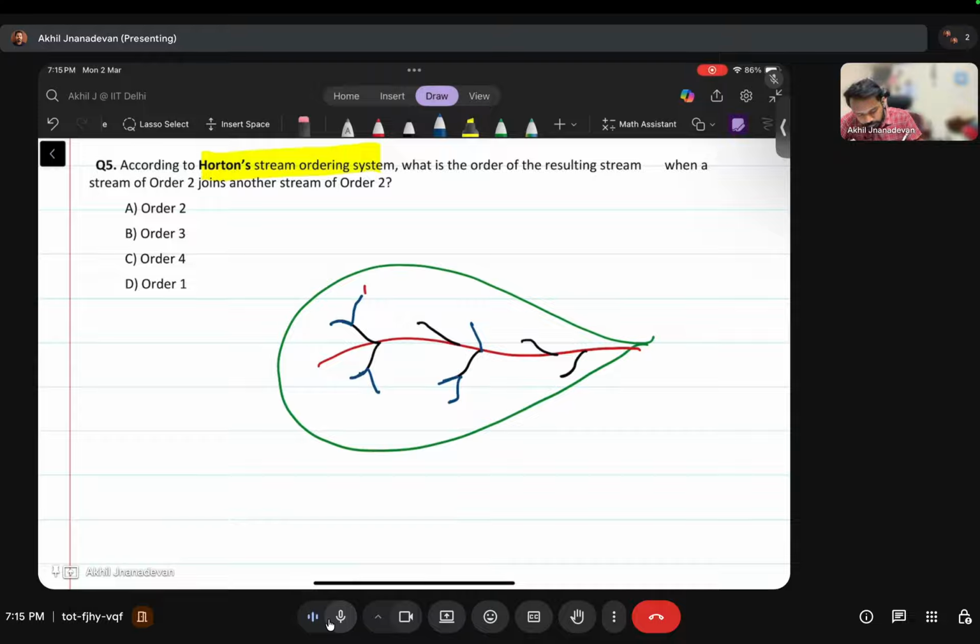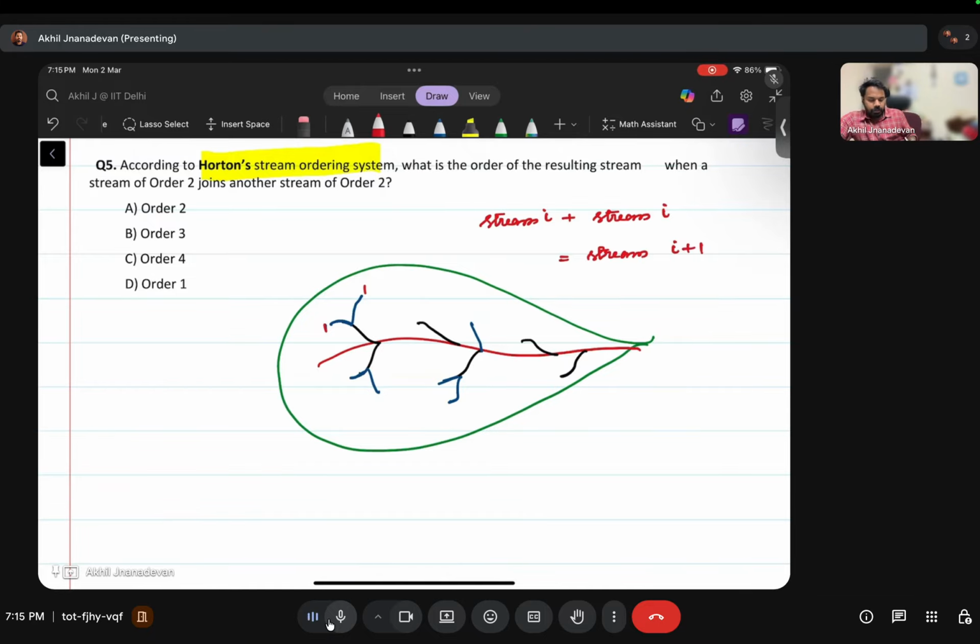The rule is that two streams of order I combine to form a stream of order I plus 1. A stream I combines with a stream I to form a stream of order I plus 1, right?